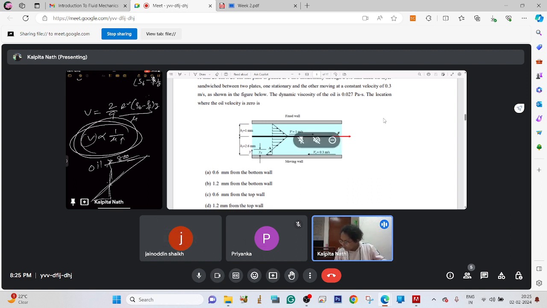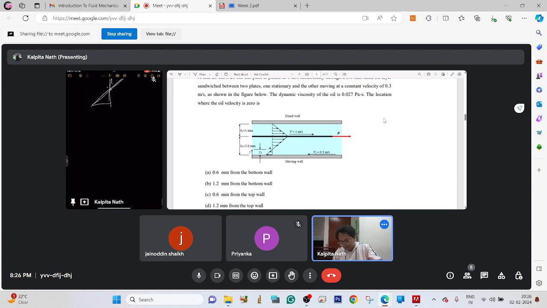Let's see. So, first of all, question number 3. This is one plate, this is another plate, and this is one plate in between that we are pulling at a velocity of 1 meter per second. This plate is stationary, and this wall or plate is moving in the opposite direction at 0.3 meter per second.